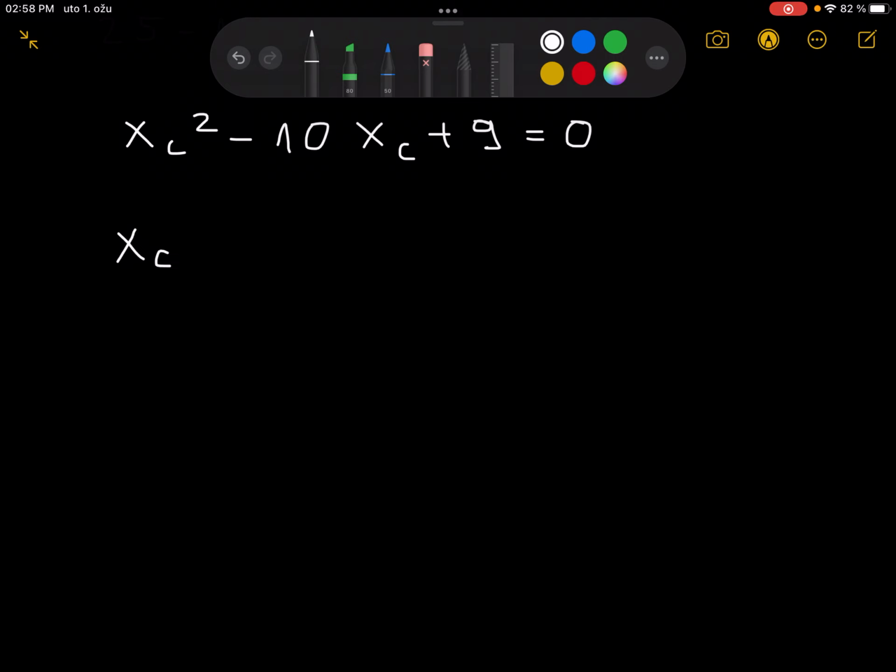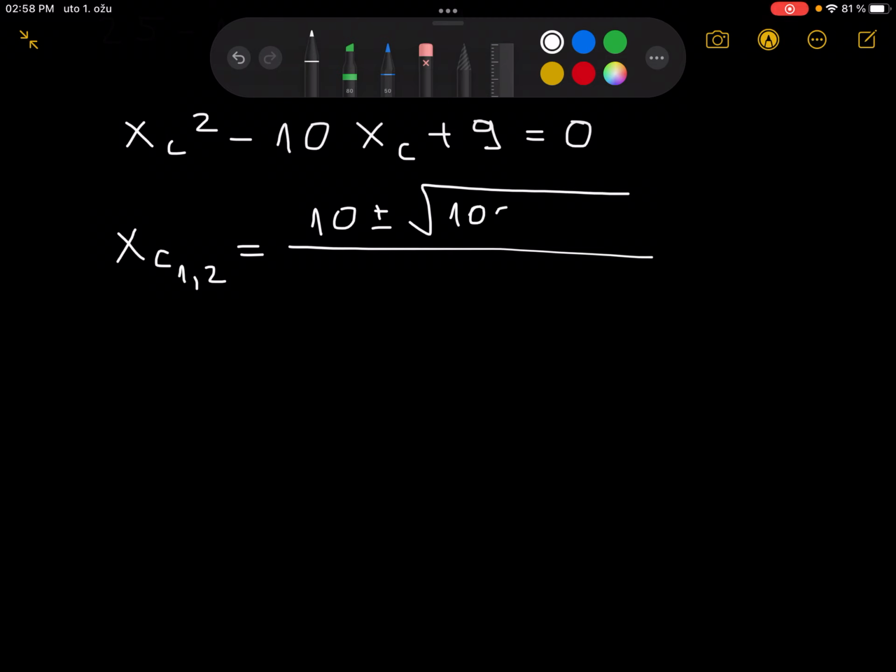So xc 1, 2 must be equal to 10 plus or minus the square root of b squared, which is 100, minus 4 times a, which is 1, times c, which is 9. That's going to give us negative 36, and everything over 2a, which is just 2.